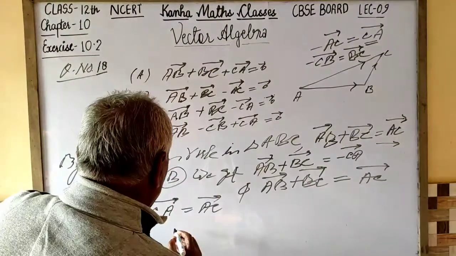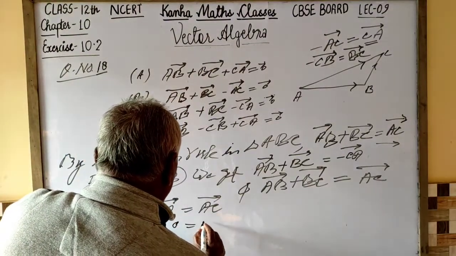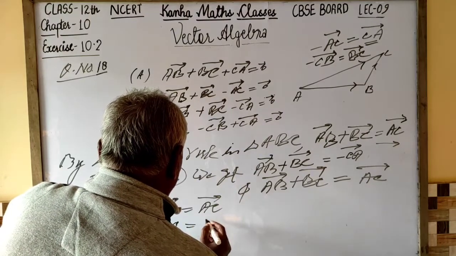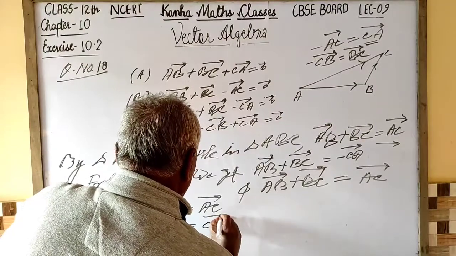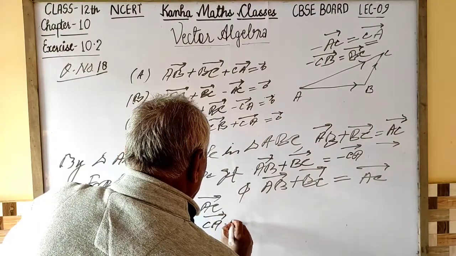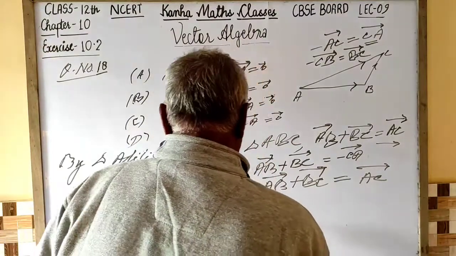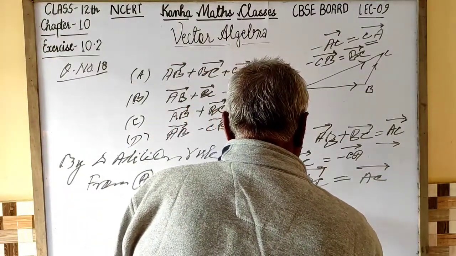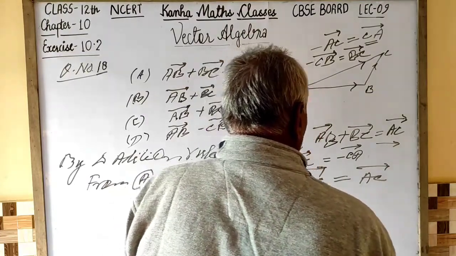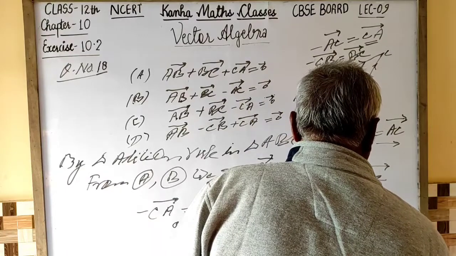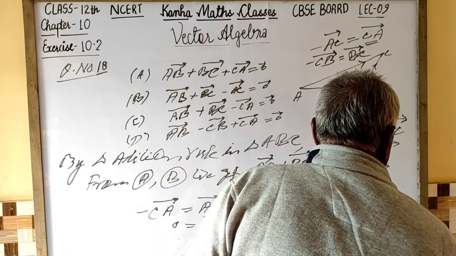By transferring the sides, 0 is equal to CA plus AC, or AC is 0, but AC can't be 0.